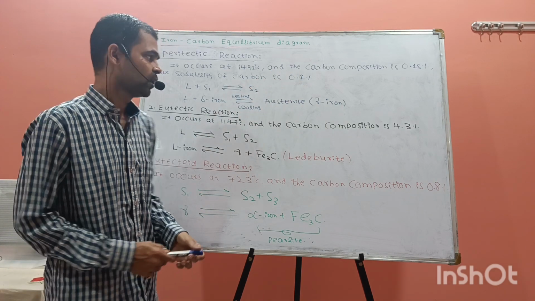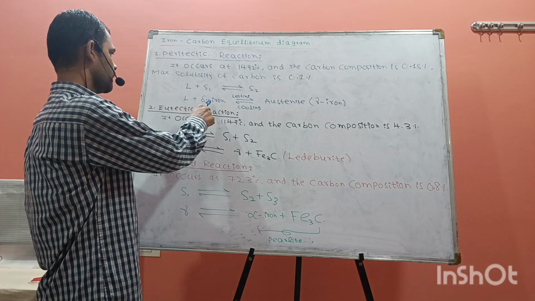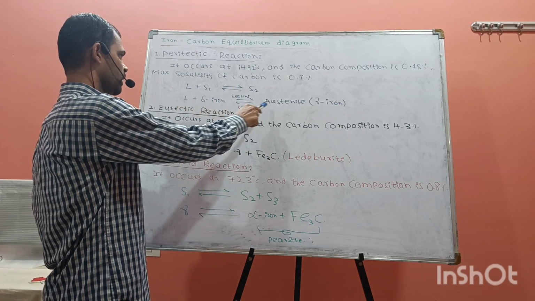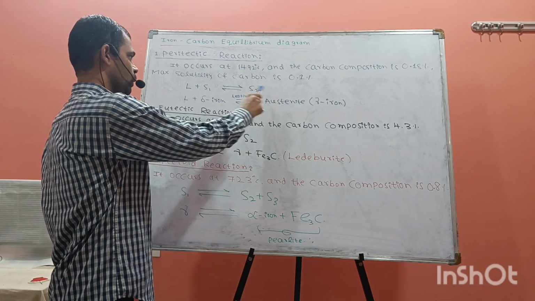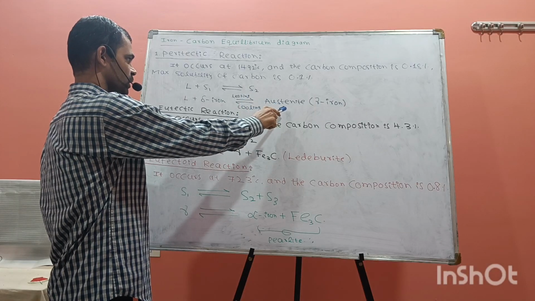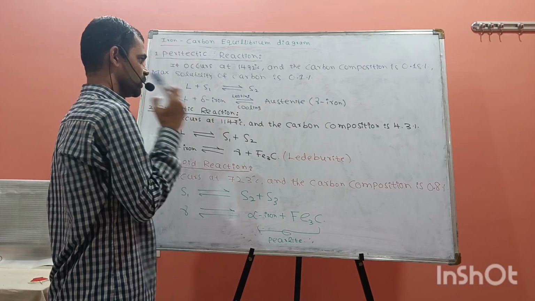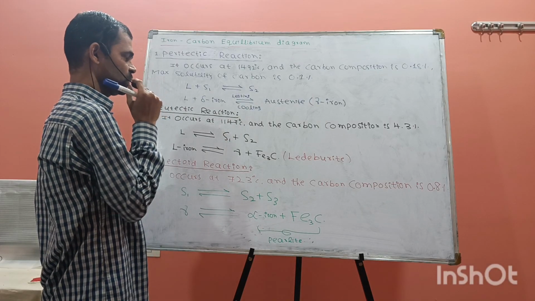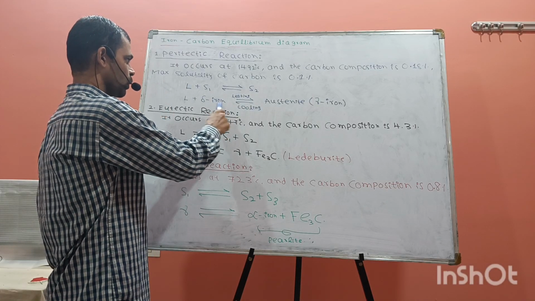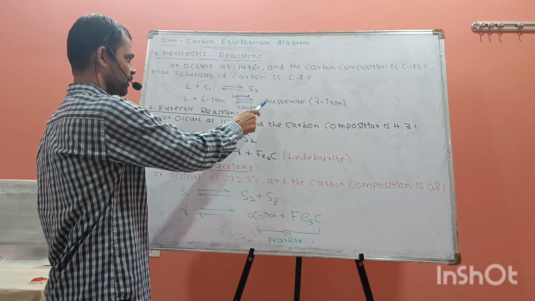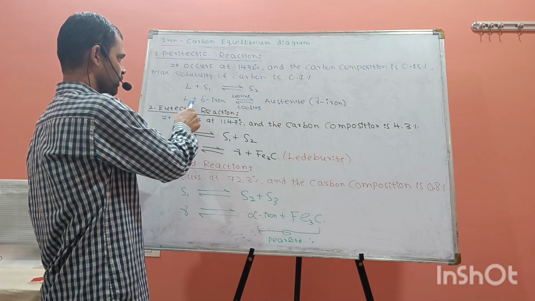In this, liquid plus solid 1 becomes solid 2. So liquid plus delta iron becomes austenite or gamma iron. On cooling it can become austenite; on heating this can become liquid plus solid 1.